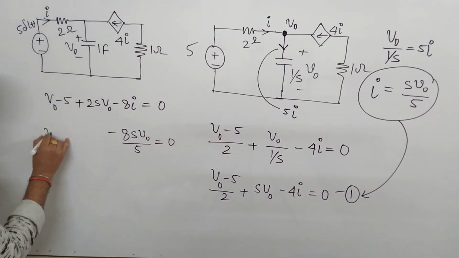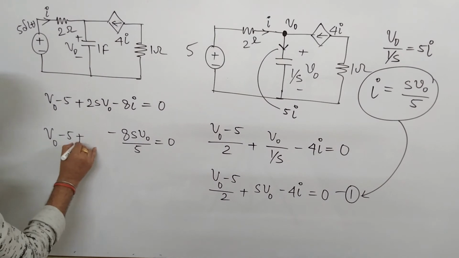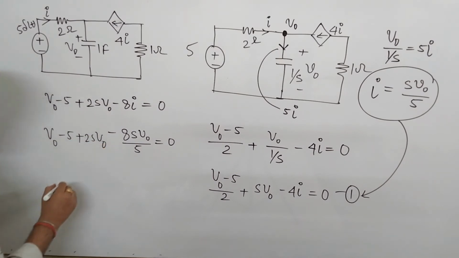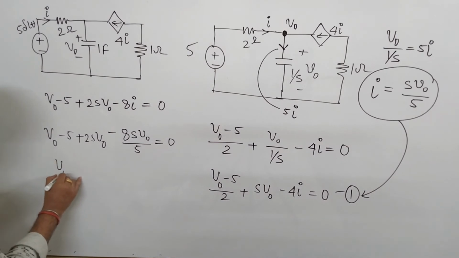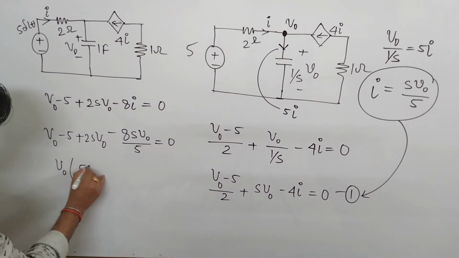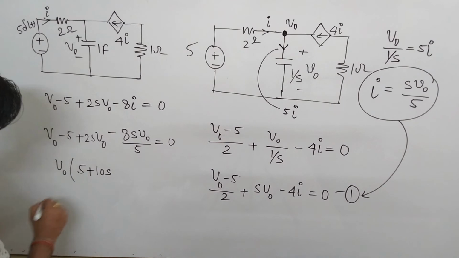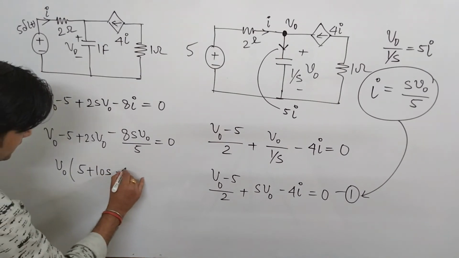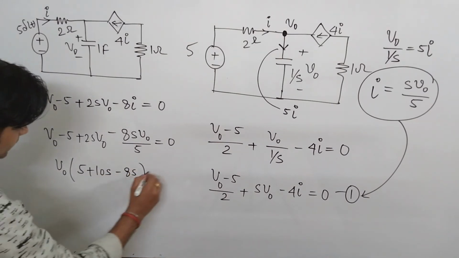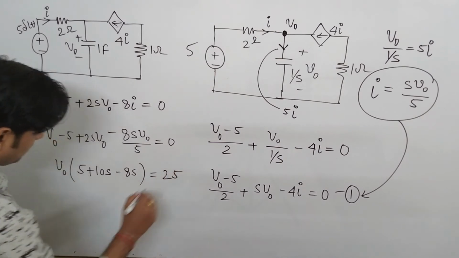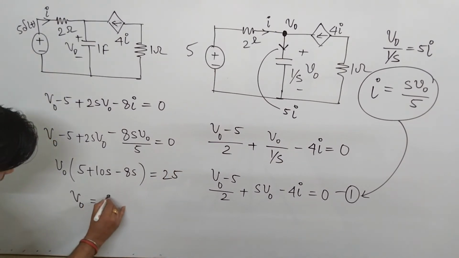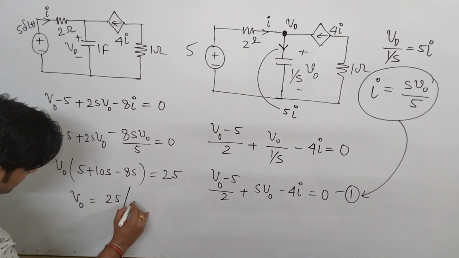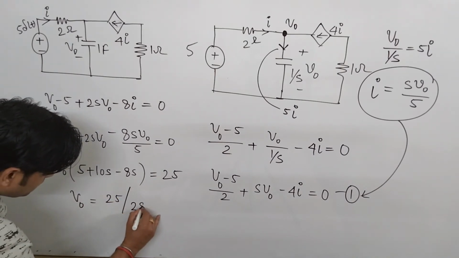Multiplying by 5, and taking V0 as common, that comes to be 5 plus 10s minus 8s, and that is equal to 25. Or you can say V0 is equal to 25 upon (2s plus 5).